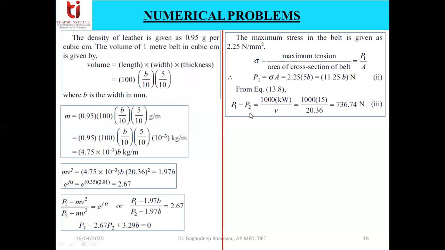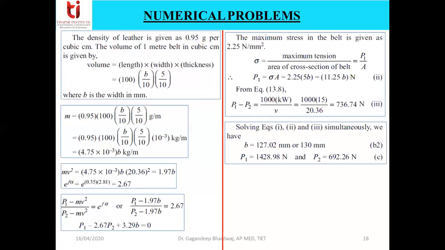This is the driving tension, that is P1 minus P2, times V, equal to power. From this there is one expression: P1 minus P2 equal to 736.74. Now we can solve. This is equation number 1, this is equation number 2, this is equation number 3.